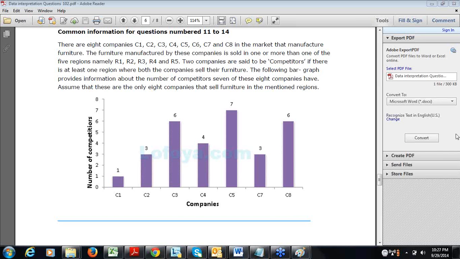Pratap, Abhinav, all of you, most of the people have received this question sheet.